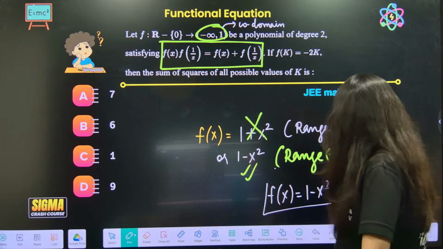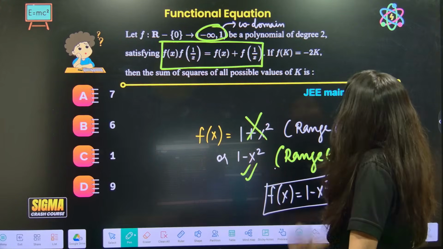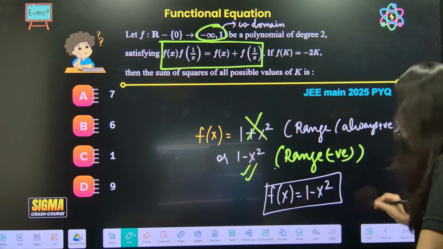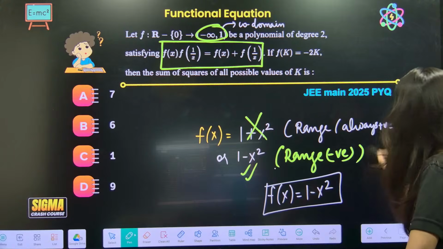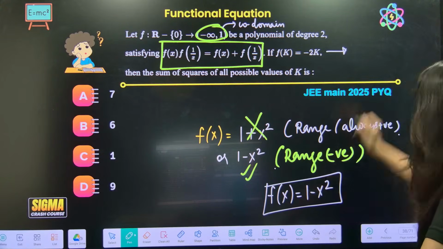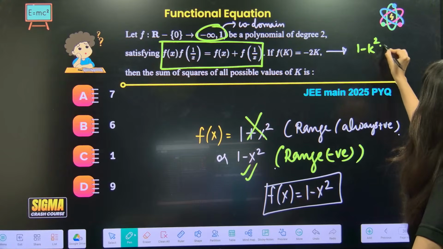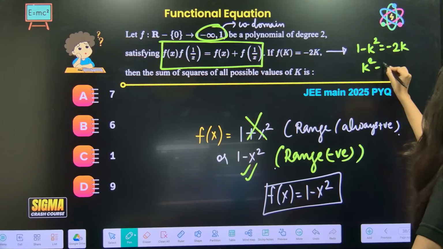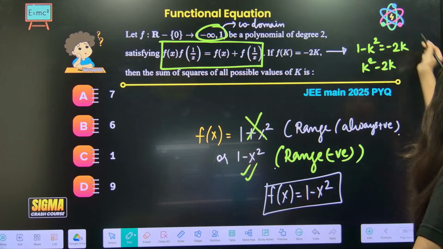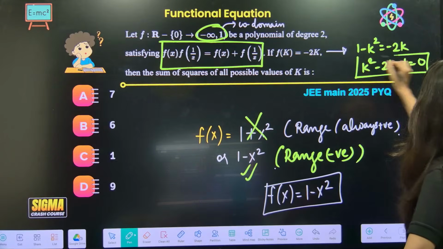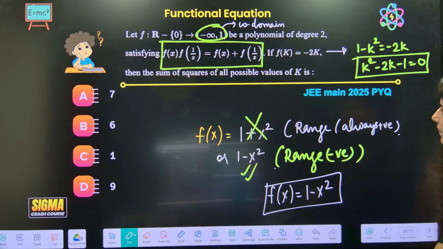Ma'am, this is f(x), right? Now what they are saying is f(k) = -2k. What does that mean? If I write f(k), 1 minus k squared is equal to -2k. Can I solve it? k squared minus 2k minus 1 equals 0.